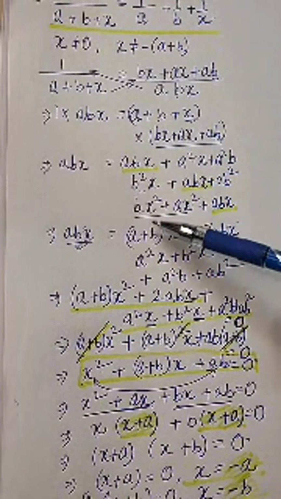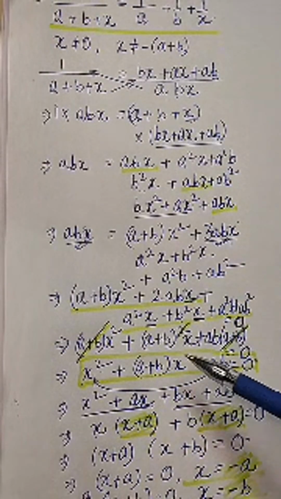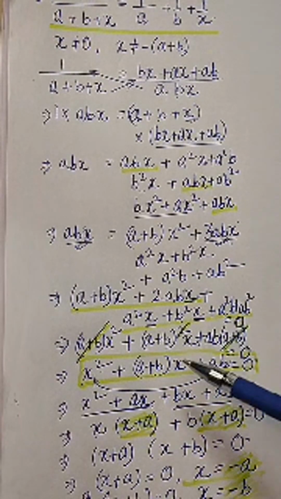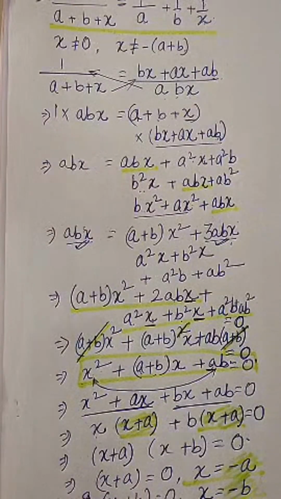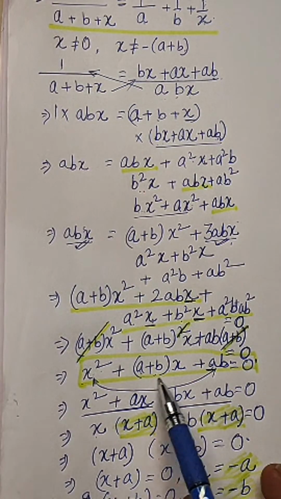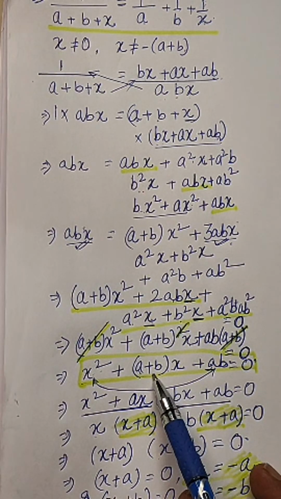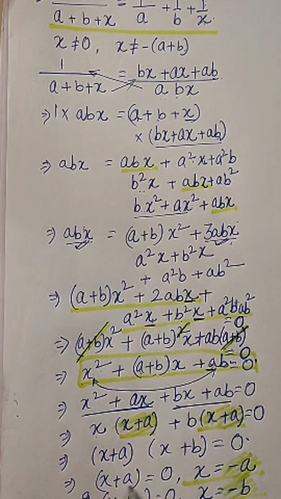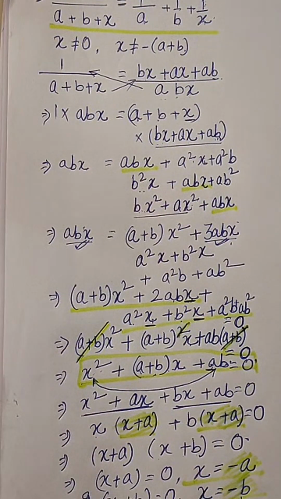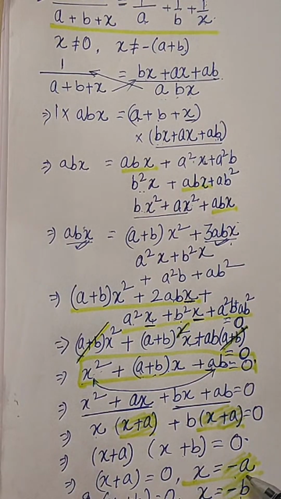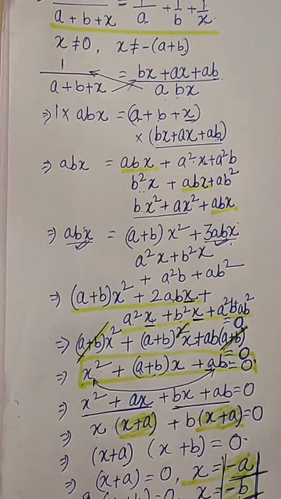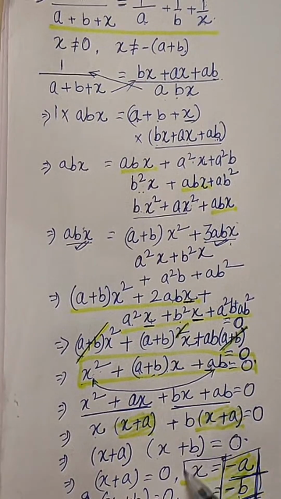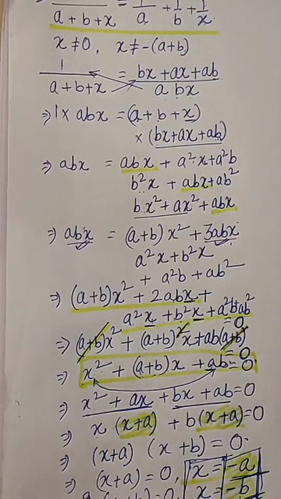We simply did the calculations, arranged the like terms together, and we can see a plus b whole square is also coming over there. And after that, we have just splitted the middle term, which is already arranged into the same format, and we get the value of x equal to minus a and x equal to minus b. This is your answer, my dear friend. The value of x.